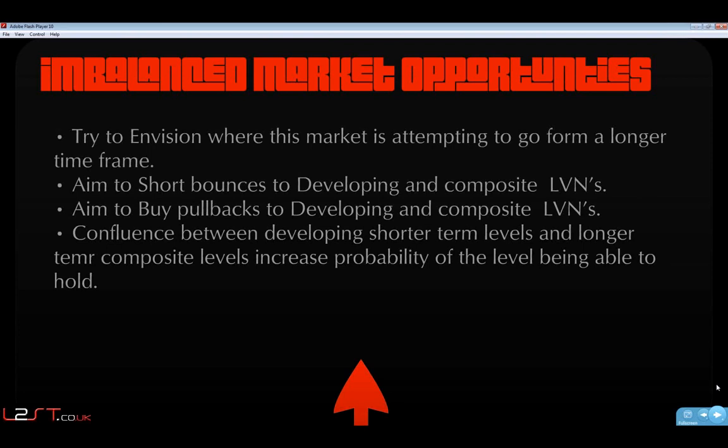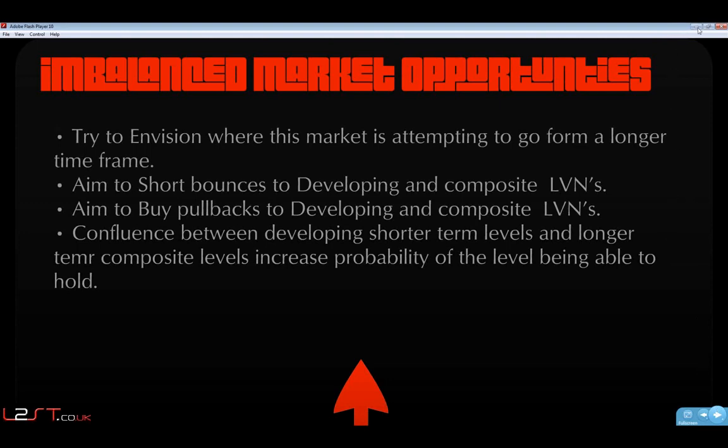Of course, confluence between the developing shorter term levels, which may be intraday and taking place within what we see right now within the last hour or two, are better opportunities if they are in line with the confluence of longer time frame levels.